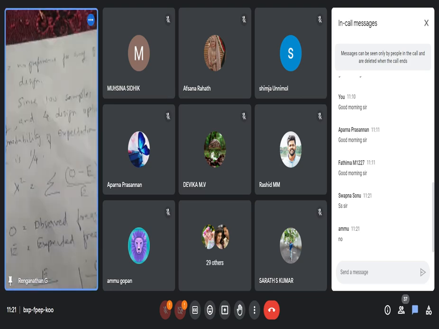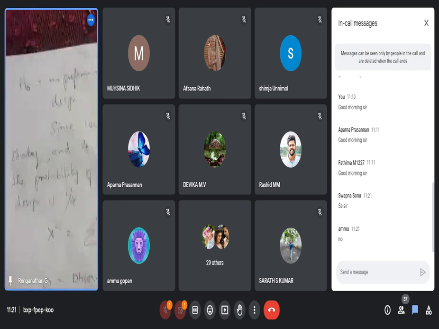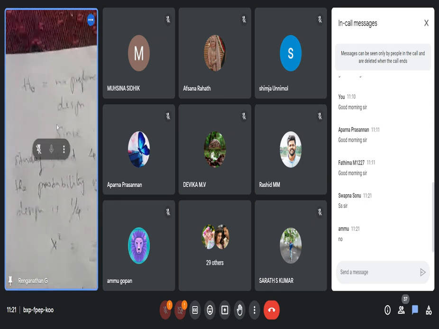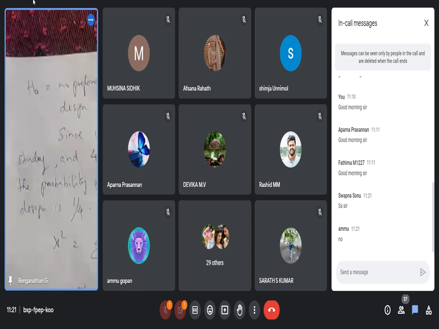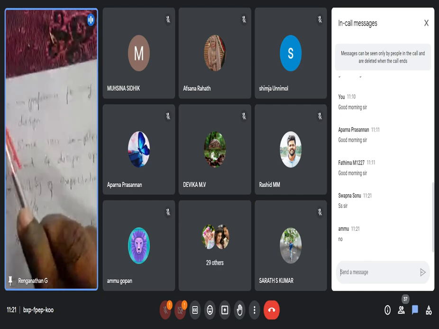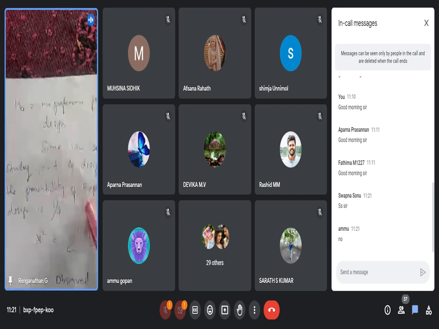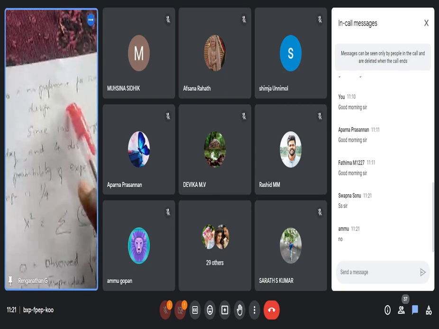So H0 is the null hypothesis, isn't it? H0, can you see this? H0 is equal to no preference for any particular design. That is the null hypothesis here.